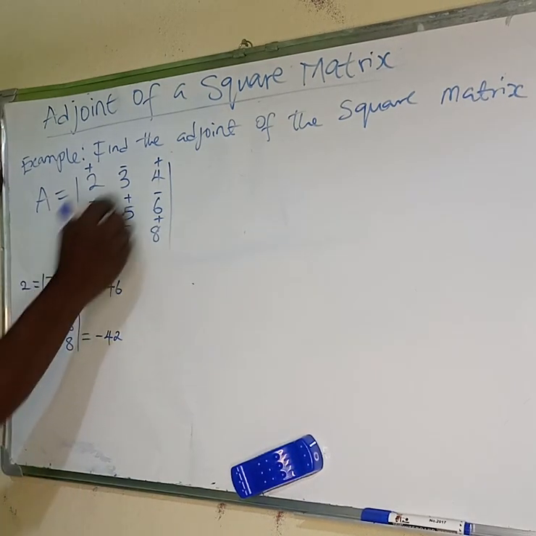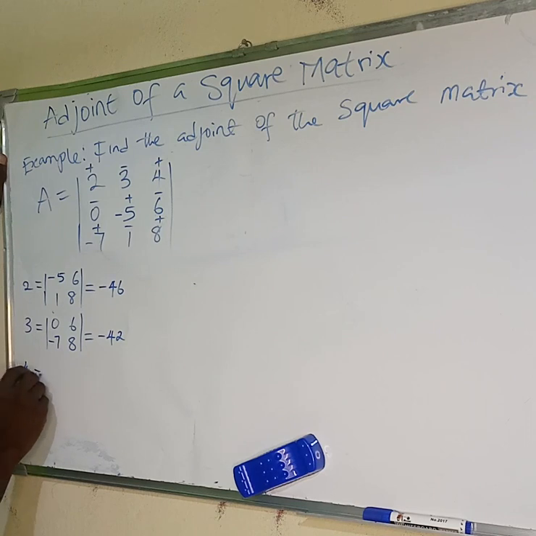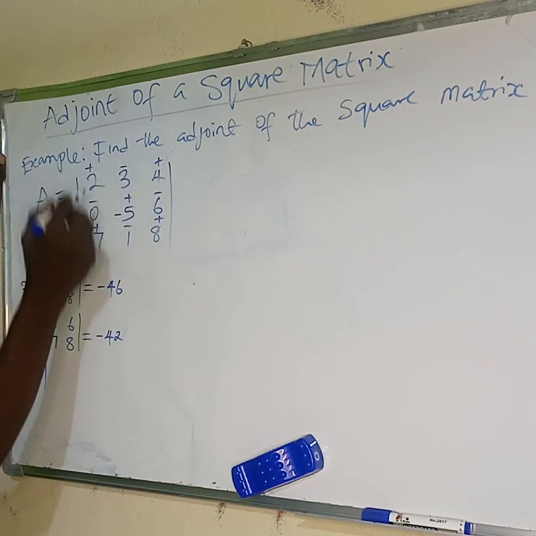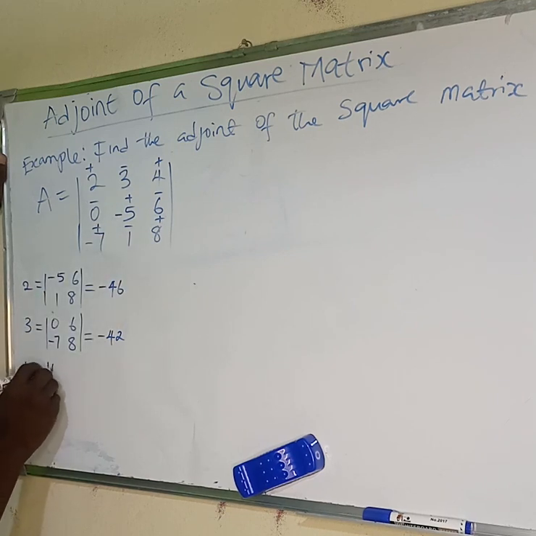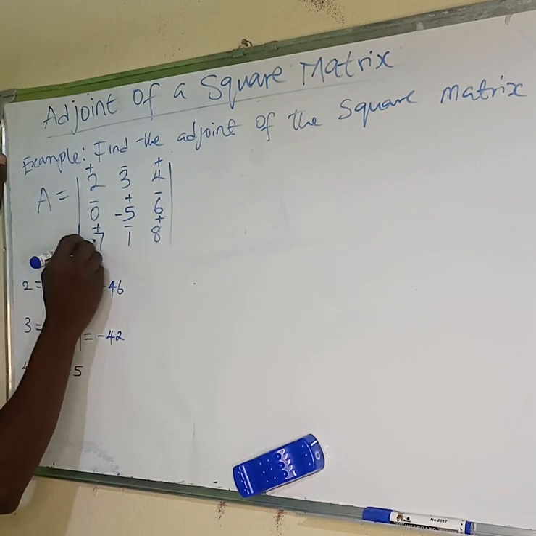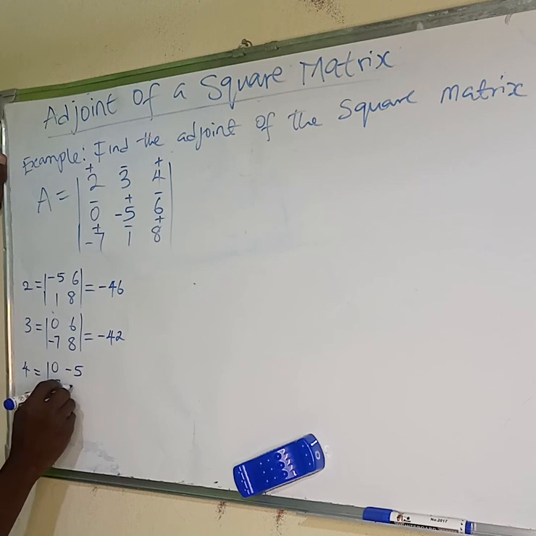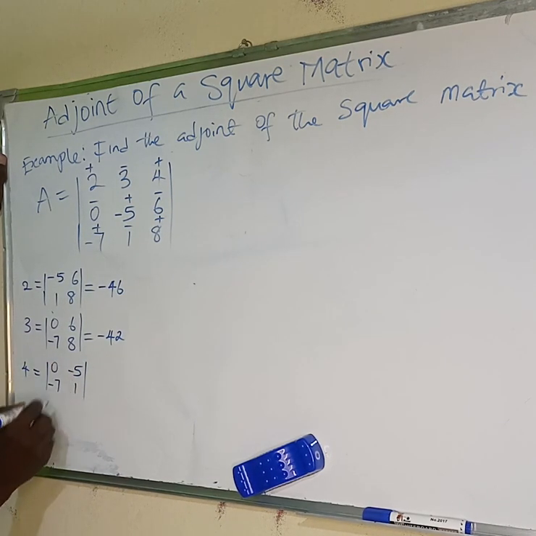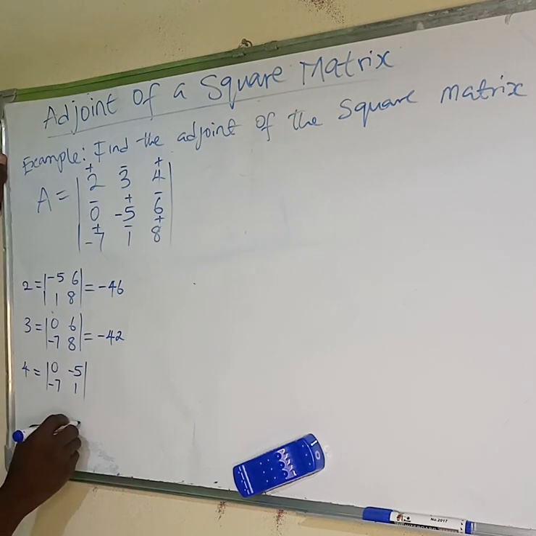All right. So move to the next one, which is 4. For 4, if we eliminate all the elements in column and in row, we're going to be left with 0, negative 5, negative 7, and 1. All right. So now that we have this, as usual, 0 multiply 1 is 0. Negative 7 multiply negative 5 will give us positive 35.